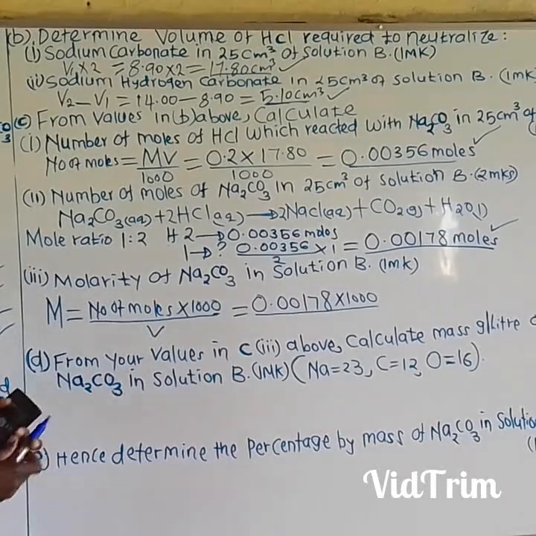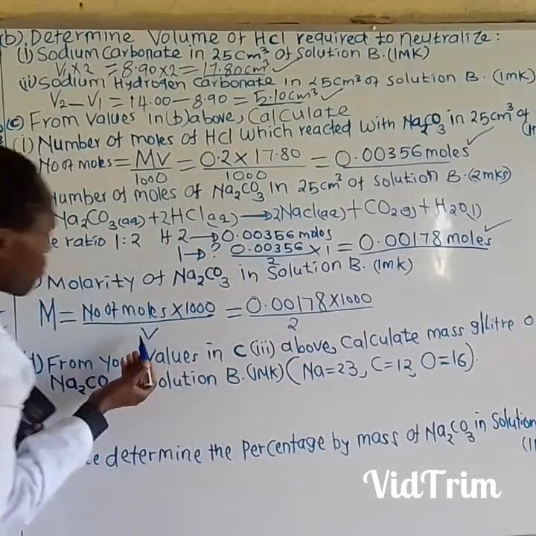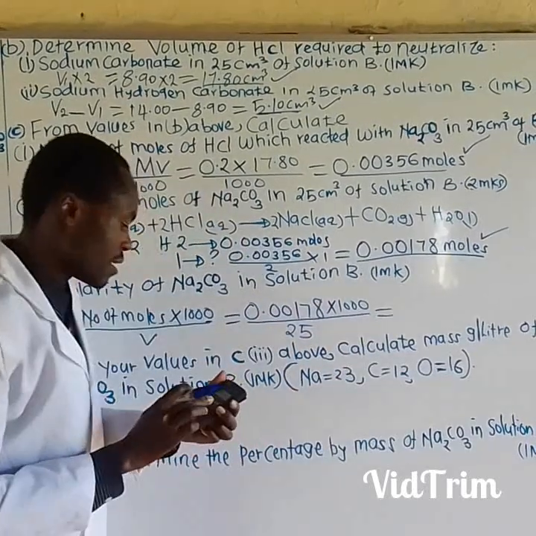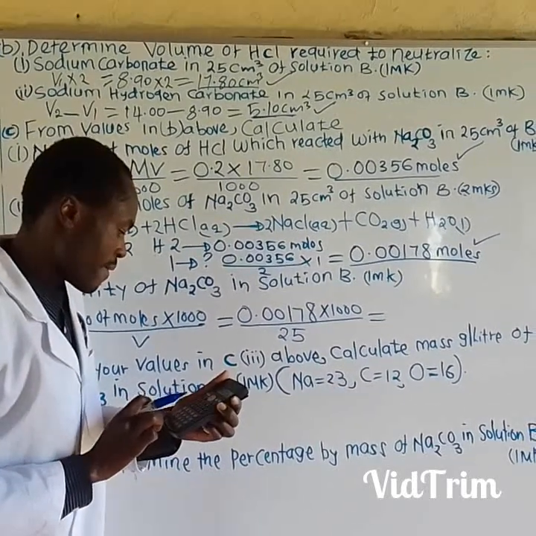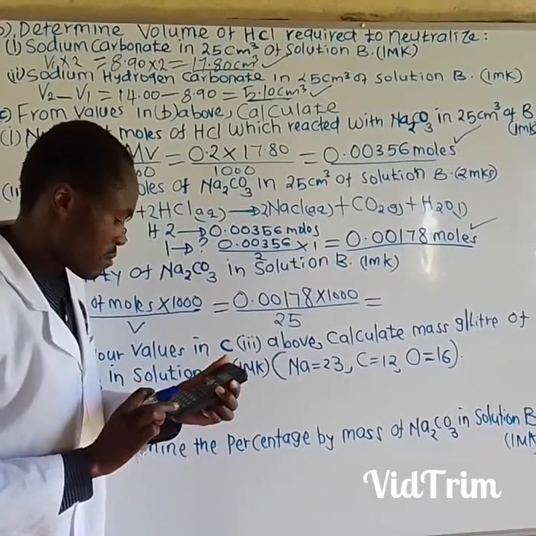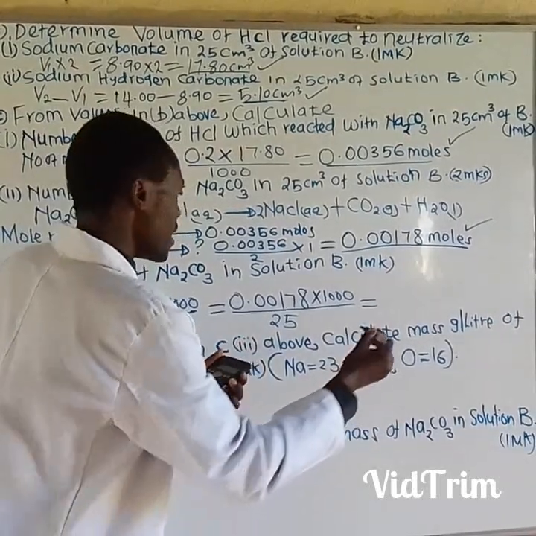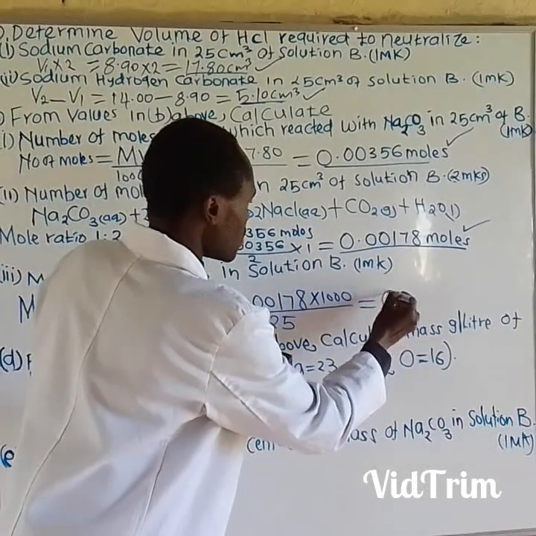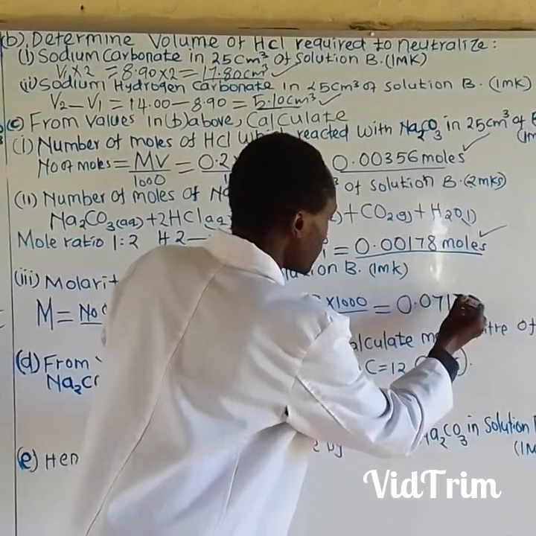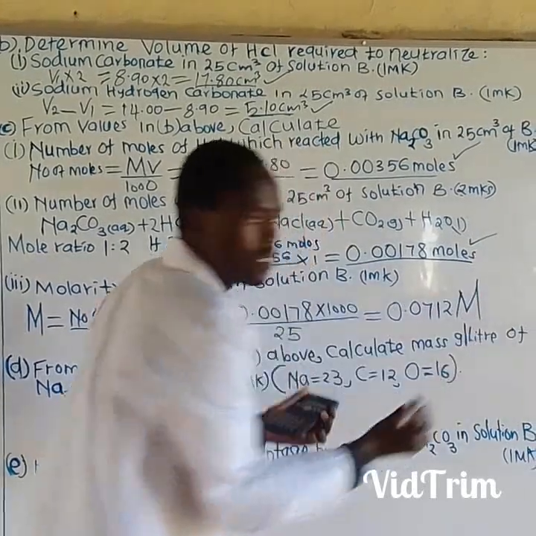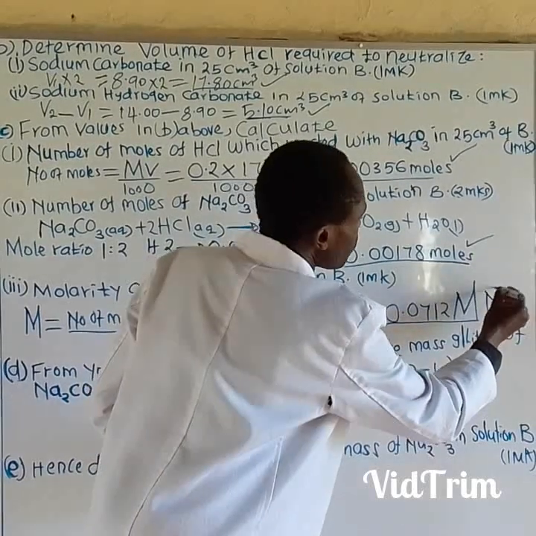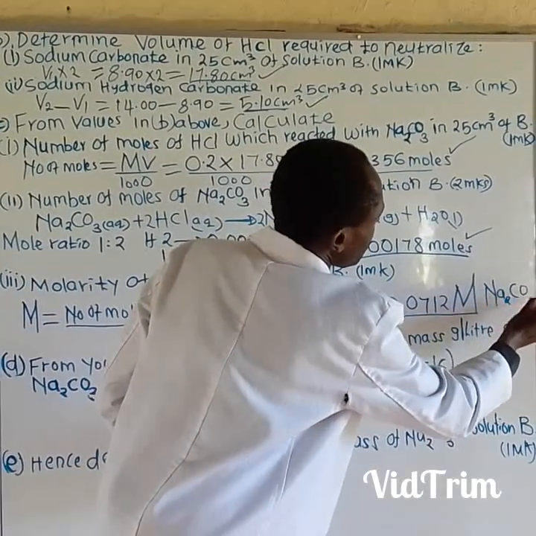So I divide by 25. When you calculate carefully, the molarity becomes 0.0712. To show it is molarity, you put capital M, of sodium carbonate.